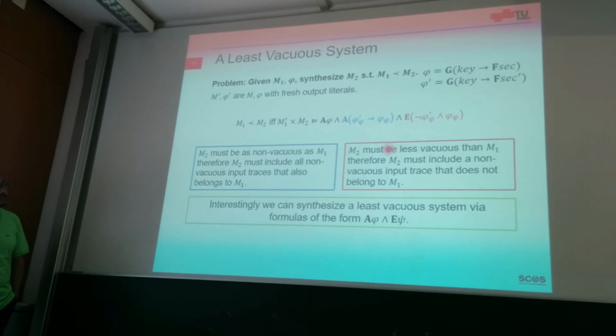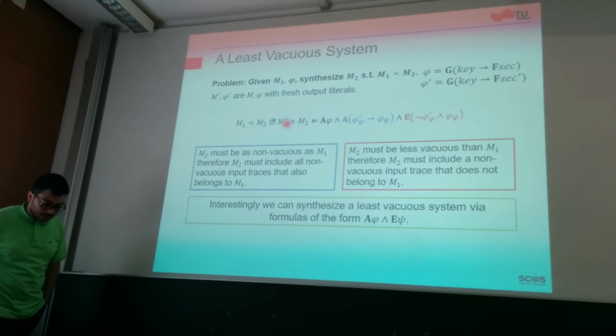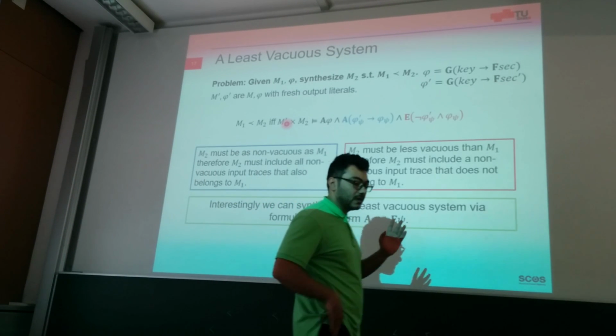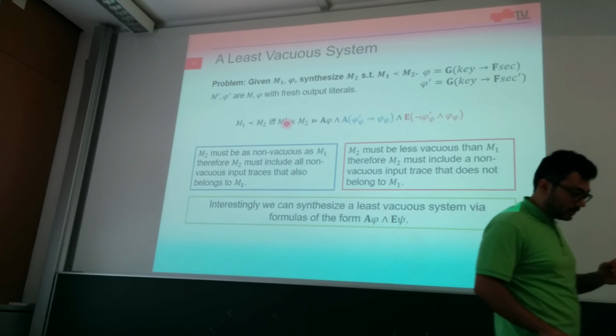So basically, M1 prime is also included in the automaton. How do we know the certain size that we ask for? We don't know. We would search from the beginning, or from the size of M1 upwards.